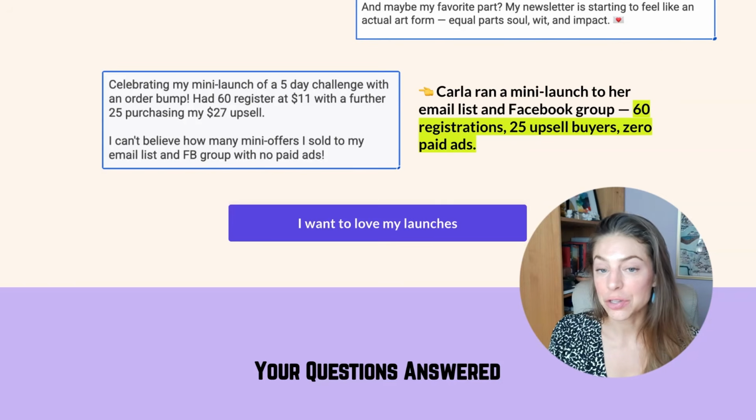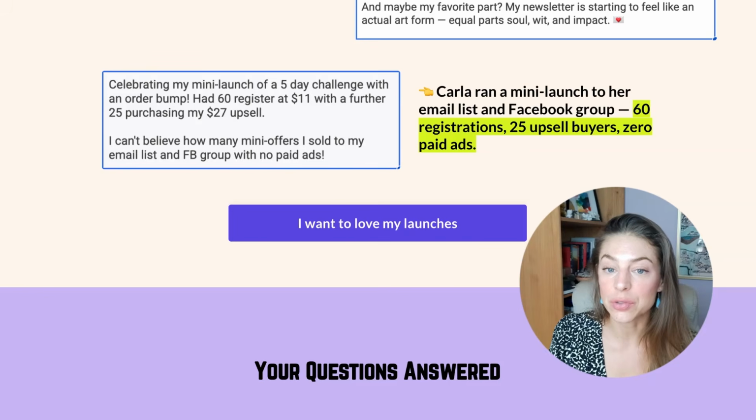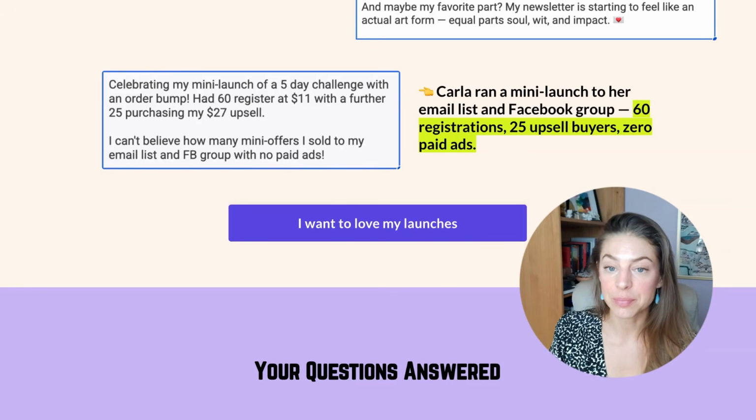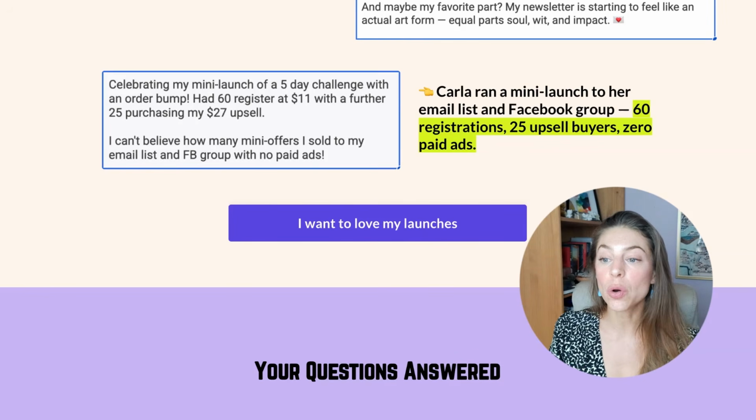So this student said: celebrating my mini launch of a 5-day challenge with an order bump, had 60 register at $11 with a further 25 people purchasing my $27 upsell. This is not as flashy as 18xing your income like the other example, but this one is so relatable for people. And this first question of asking specifically for external results and if they've manifested gets responses like these.